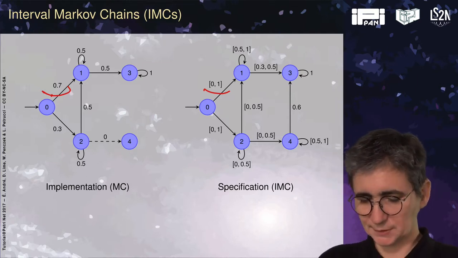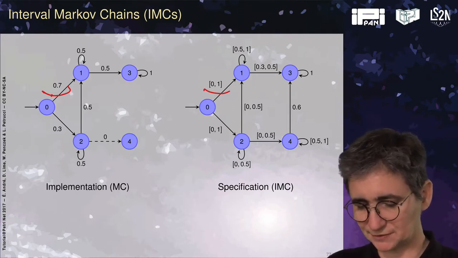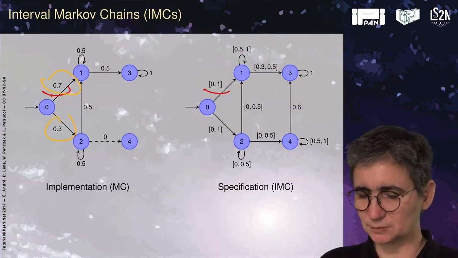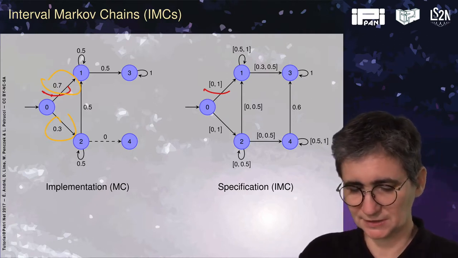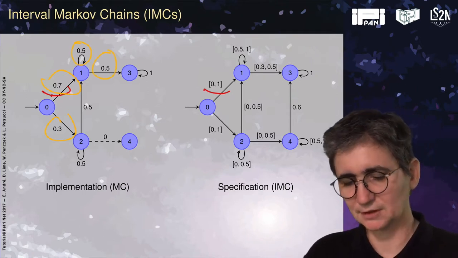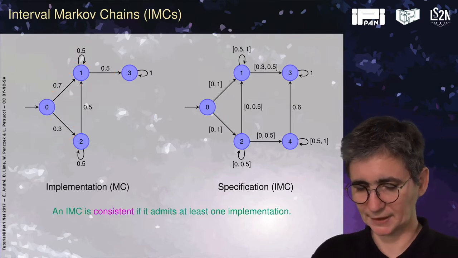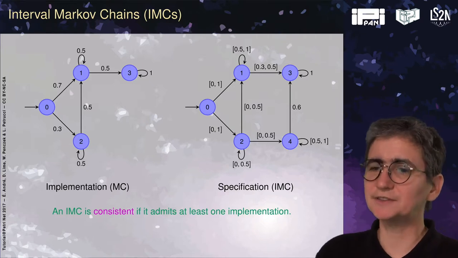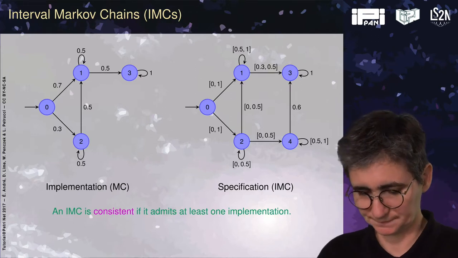Moreover, the implementation satisfies that the sum of exiting values from a location is always 1. So this is the case for exiting location 0, it is also the case for exiting location 1, etc. So we say that an interval Markov chain is consistent if it admits at least one implementation, which is the case here.